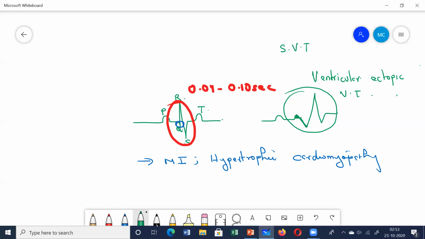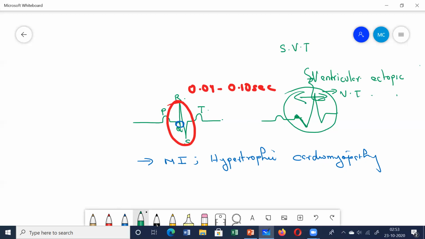But mainly the bizarre and wide QRS is found in ventricular ectopics and ventricular tachycardia. So if the width is increased, it is mainly because of these.